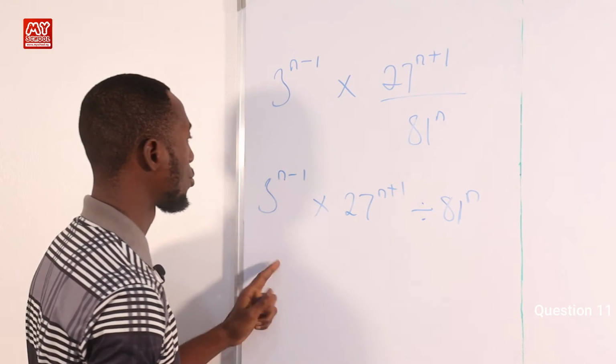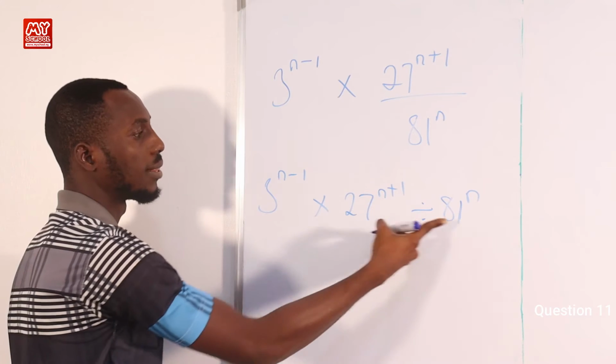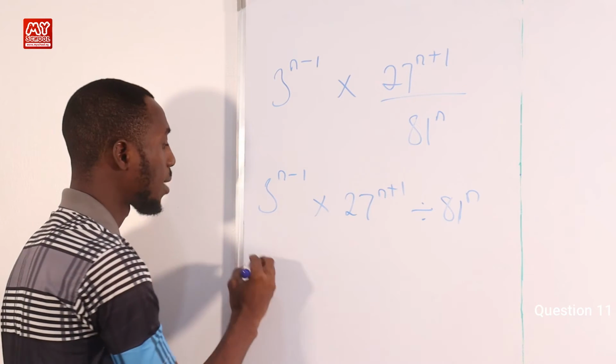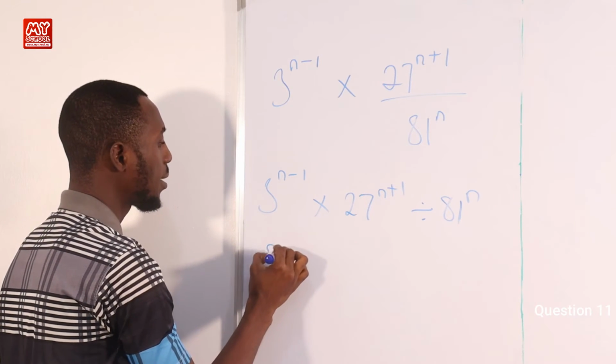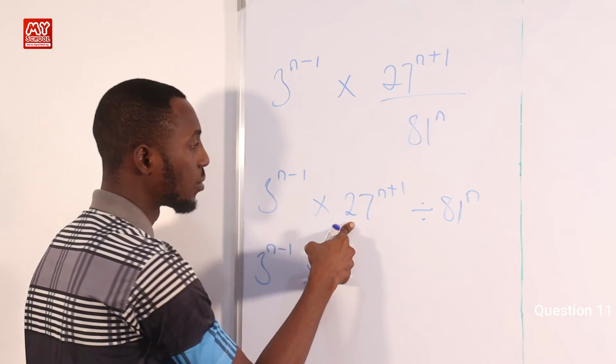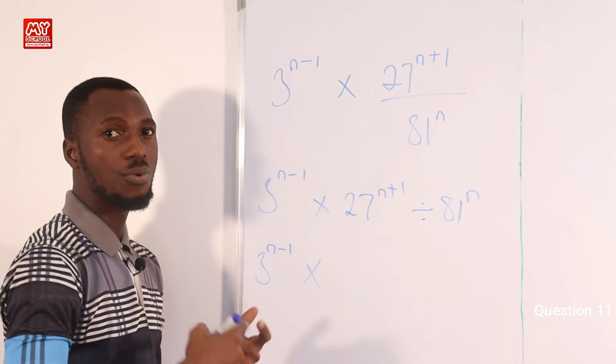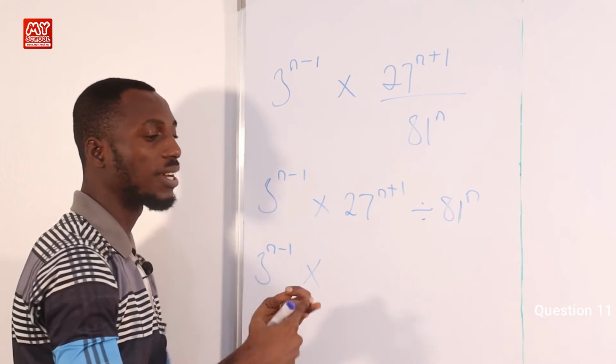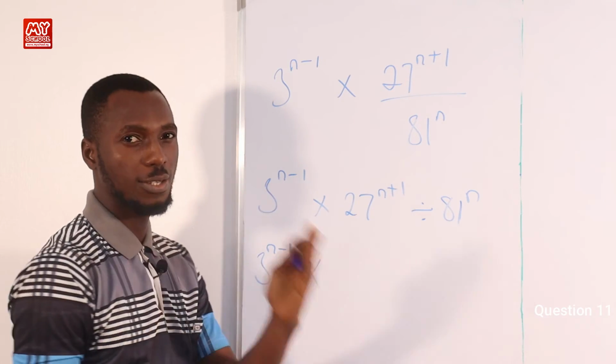We bring these to base 3 so that we have uniformity, for ease of attempts. 27 is 3 raised to power 3. That is 3 times 3, that's 9, times 3, that is 27.